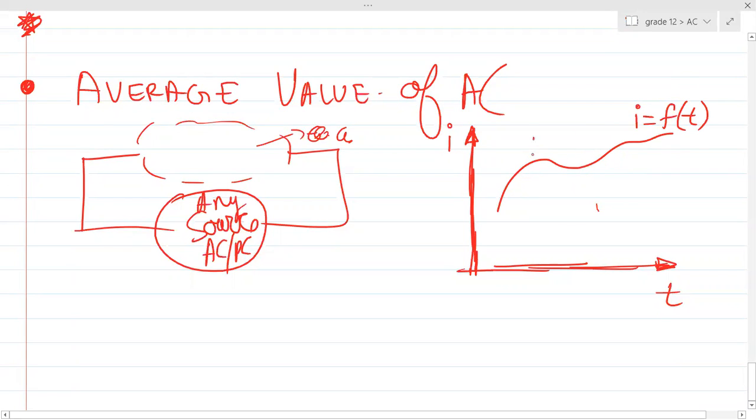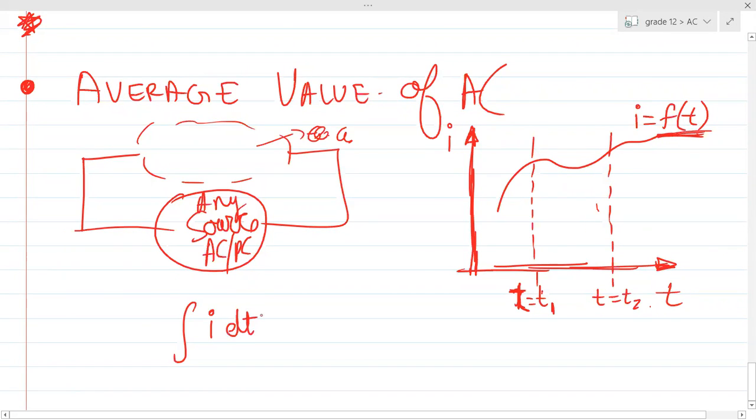Now if I integrate this current between two limits, time t1 to time t2, will it give me the area under the I-t curve?